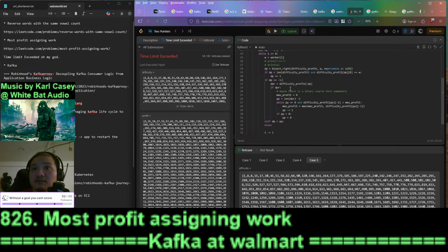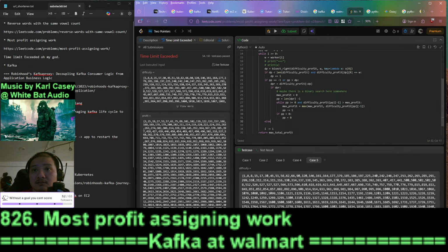So here we say if DP equal to -1, right, or basically PP is greater than DP, then basically we need to update PP, right? Right, like that.